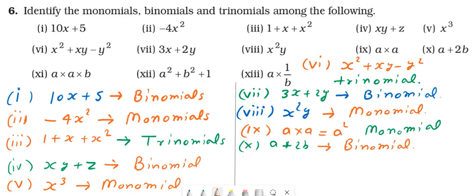Now beta, the 11th part can be written as a into b. It will be a square b. A square b means a single term, so it is called a monomial.